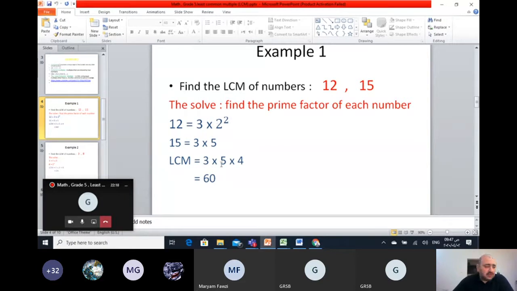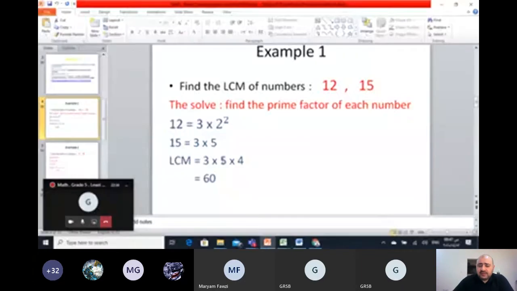So take 5 and take 2 exponent 2, which means 2 times 2, which means 4. Now find the answer. LCM equals 3 times 5 times 4. 3 times 5 is 15. 15 times 4 will be 60.